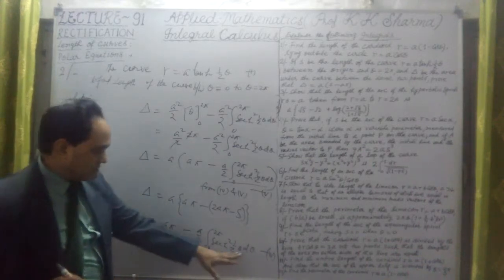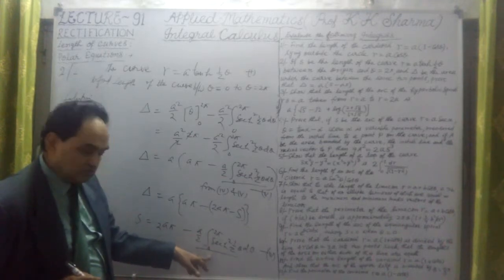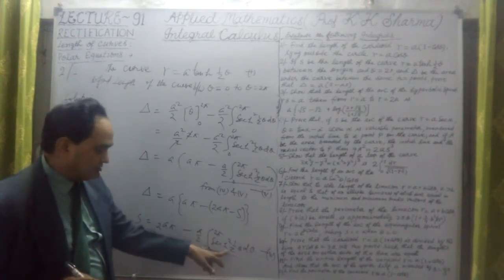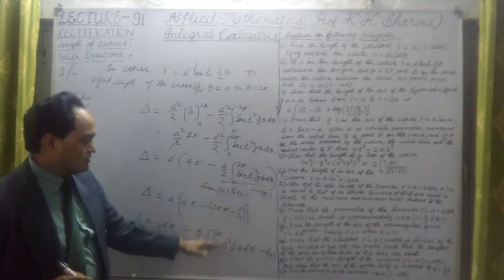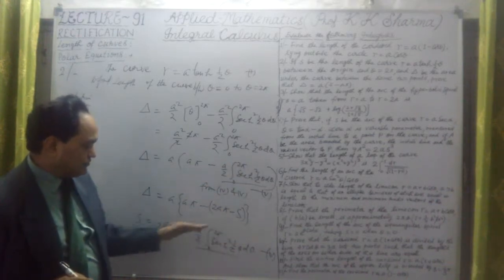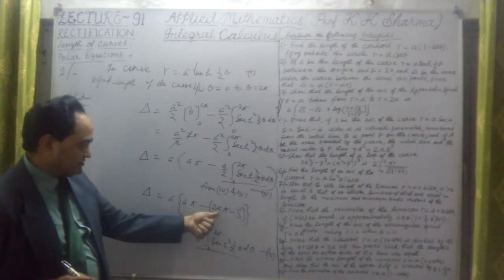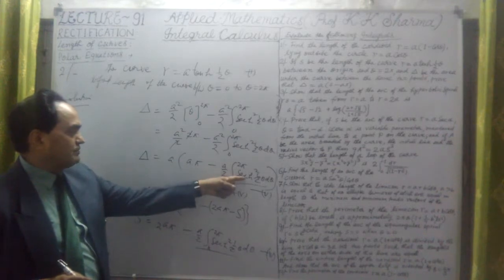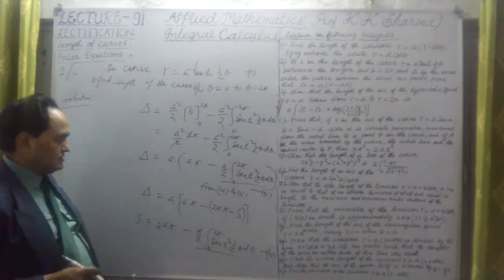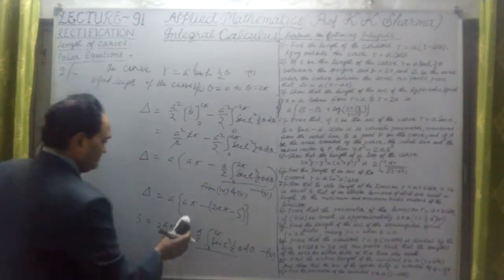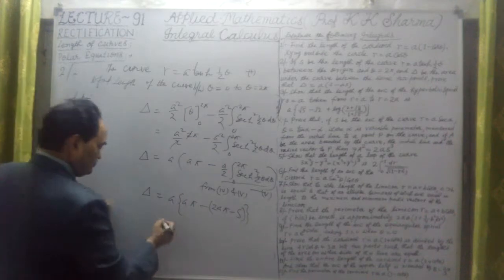What we have done is substituted the value of the integral a upon 2 into limits 0 to 2 pi of sech hyperbolic square 1.2 theta d theta. This value and this are the same. This value from the fourth we have calculated: twice a pi minus s. We have substituted this value in place of this. This is a into a pi minus twice a pi, and now let me solve it. What do we see here?